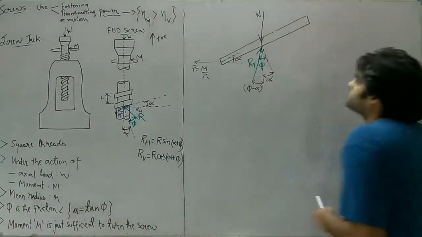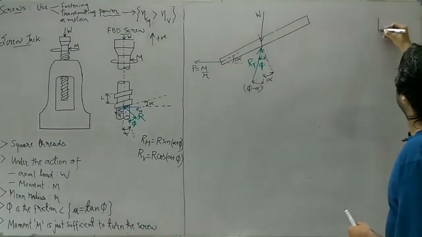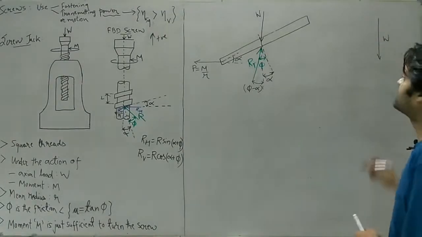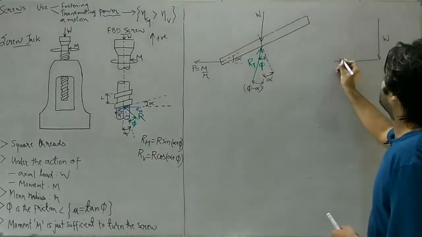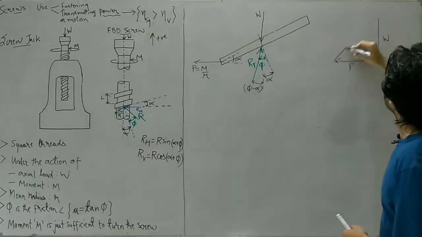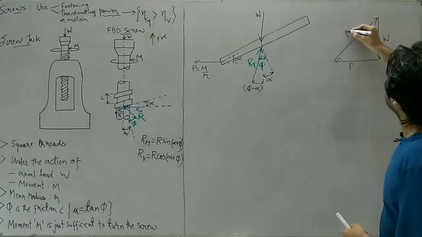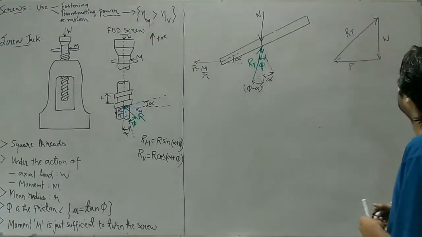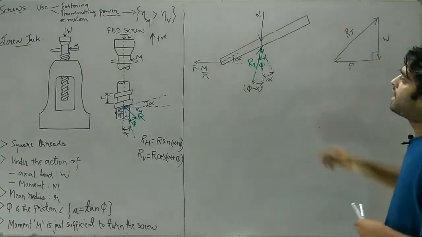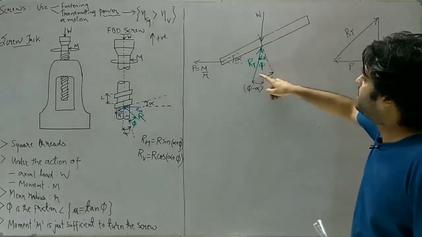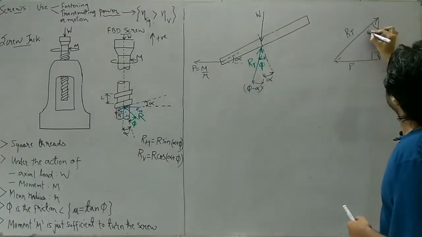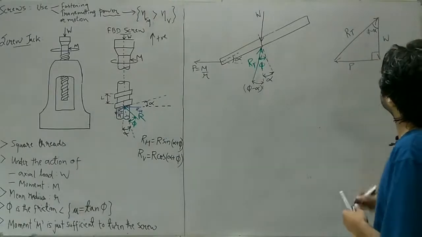Okay, so we have W vertically downwards like this, P is acting like this, and this is RT. Okay, obviously this angle is 90 degrees. Now RT has an angle phi minus alpha with the vertical. So this angle will be phi minus alpha.